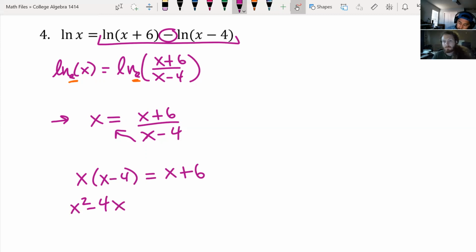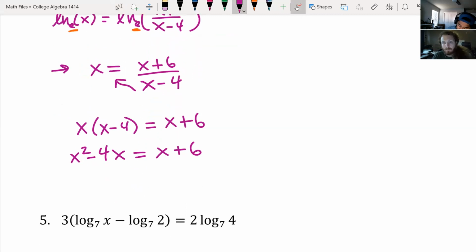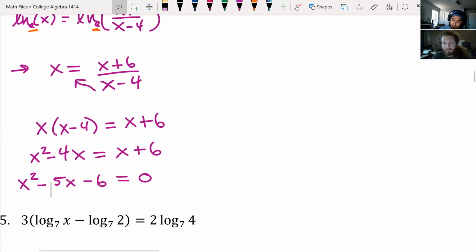Distribute the x: x squared minus 4x equals x plus 6. Move everything over, and we'll get x squared minus 5x minus 6 equal to 0. Okay, and now, of course, all we have to do is factor.